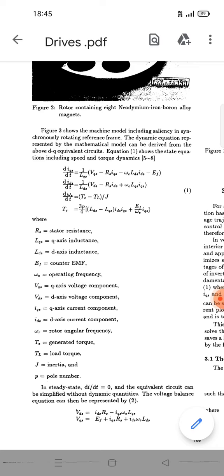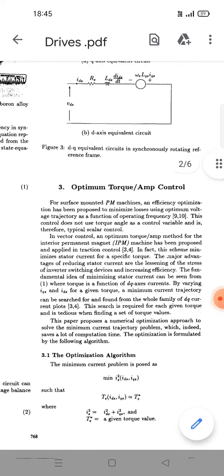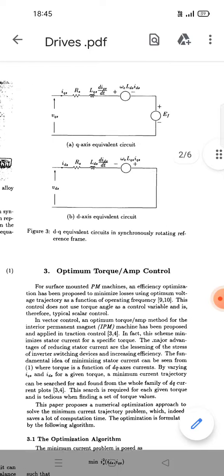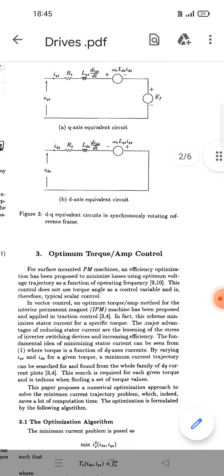The voltage balance equations can be represented by Vds = Ids Rs - Iqs We Lq, and Vqs = Ef + Iqs Rs + Ids We Ld. Figure 3: equations in the synchronous rotating reference frame.